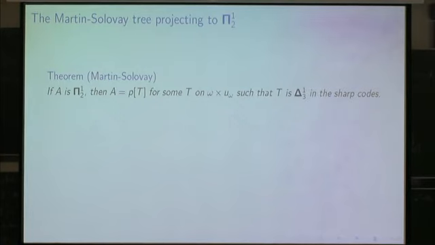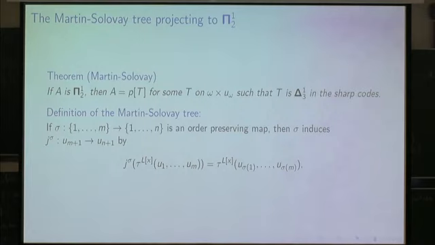So here's the Martin-Solovay theorem: every pi 1, 2 set is the projection of a tree on u omega, where the tree is coded as a subset of u omega, but every member of u omega is coded by a real number, so it is delta 1, 3 in terms of the sharp codes that code the ordinals in u omega. And this is the optimal result about pi 1, 2, or sigma 1, 3 sets. And the tree is defined in terms of the Martin-Solovay tree.